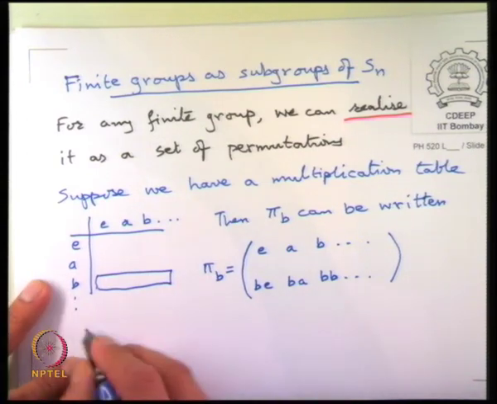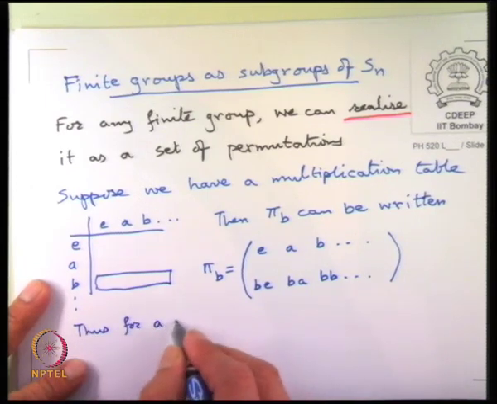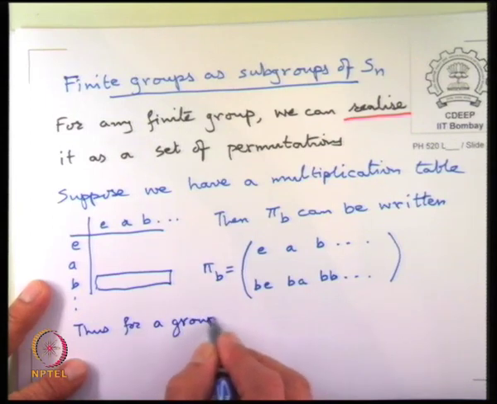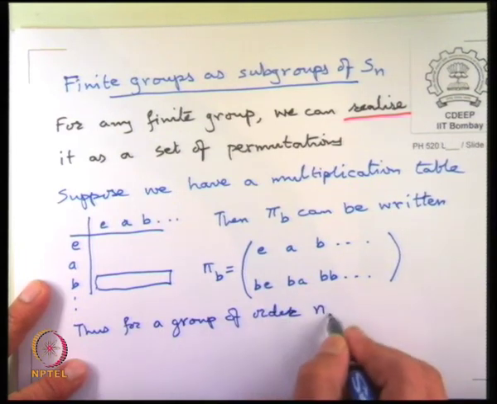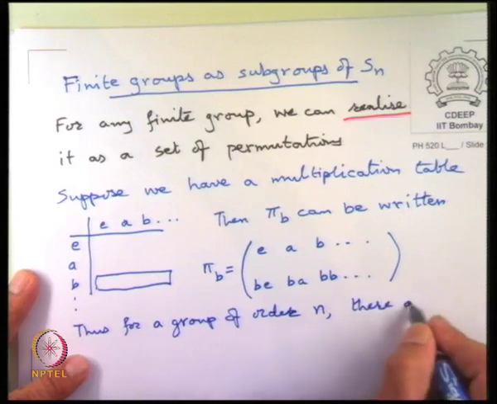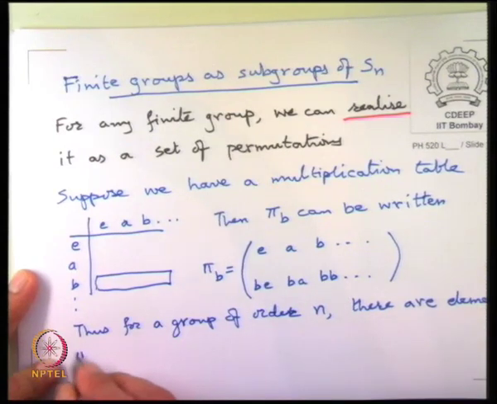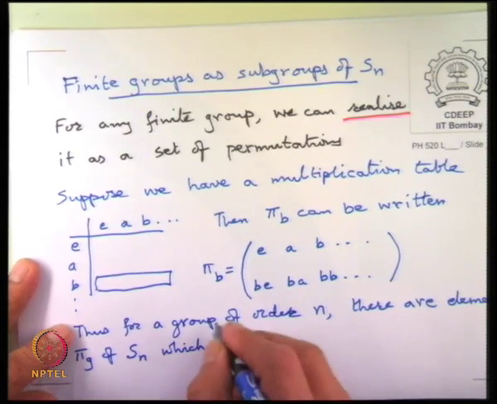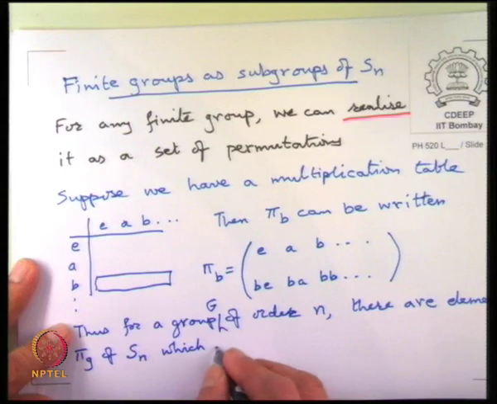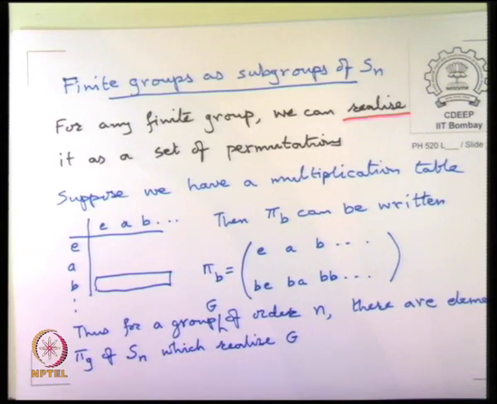So thus, for a group of order n, there are elements pi g of Sn which realize G as permutations.